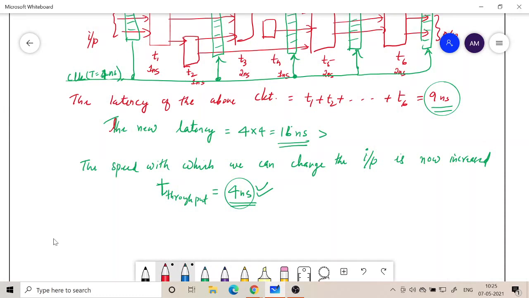The operation that we want to do is like f of a, b, and c. That is, first you need to add a plus b, and then you need to multiply with c.